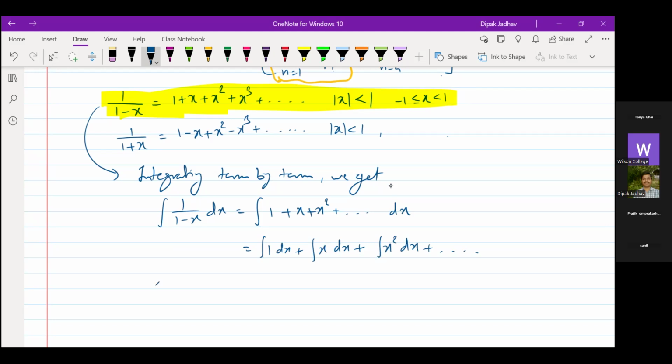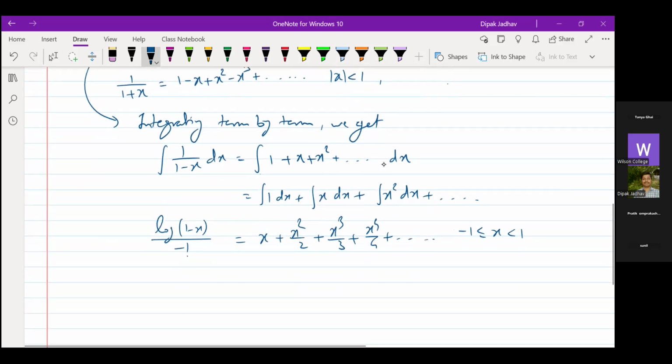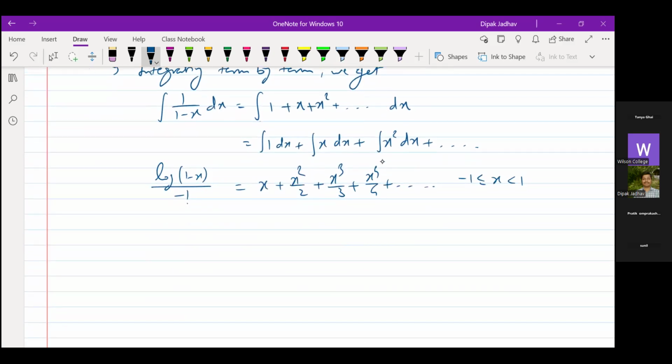So if you apply this, then you'll get on the left minus log of 1 minus x divided by the coefficient of x, and the integral on the right hand side is x plus x square by 2 plus x cube by 3 plus x raised to 4 by 4 and so on. And this is valid for minus 1 less than or equal to x less than 1. Okay. So when I plug in the value of x equal to minus 1, what I'm going to get?